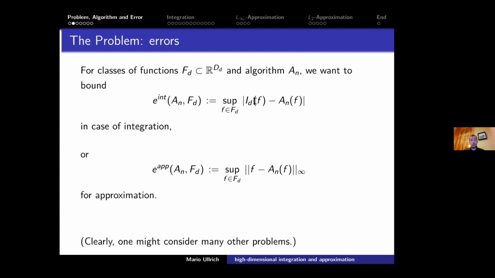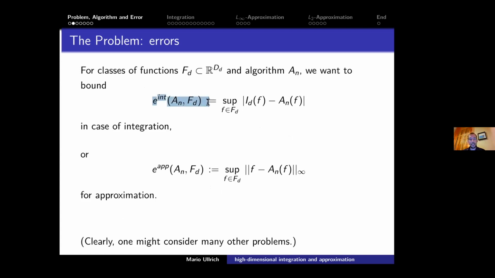Okay, so what do we want? We have a class of functions, fd, not only one function, and we have maybe given an algorithm, and we want to understand the worst case error that you have. I think that's well known to the audience here, so maybe I don't have to say much about that.